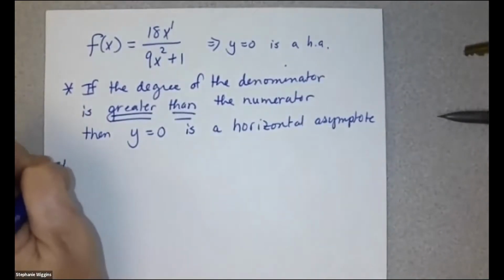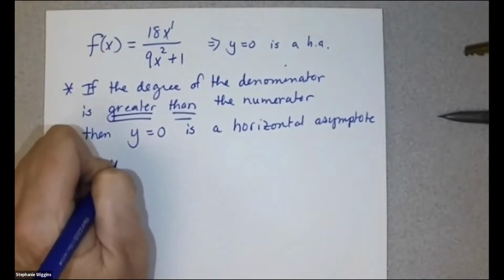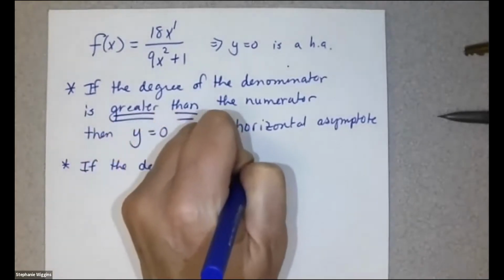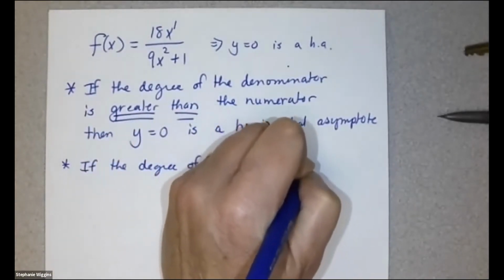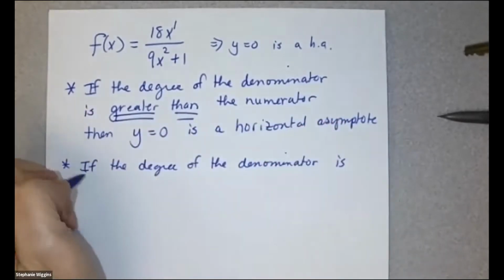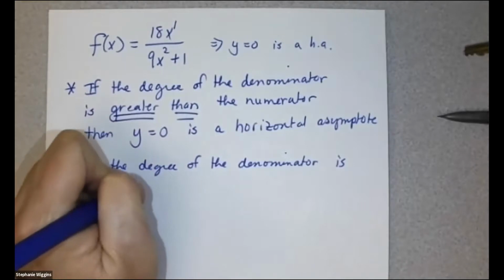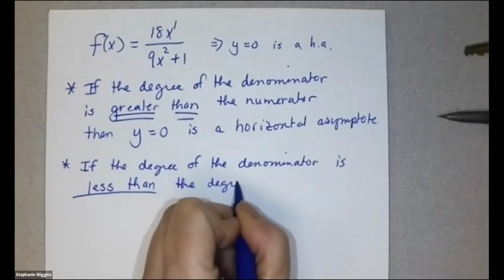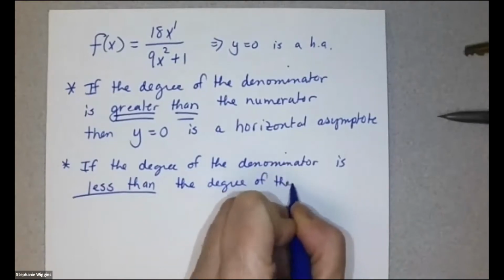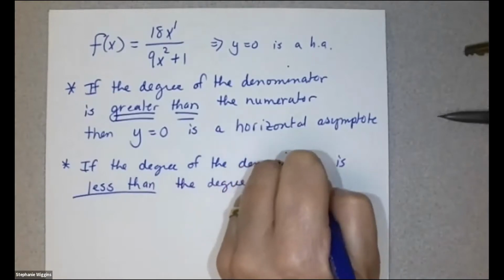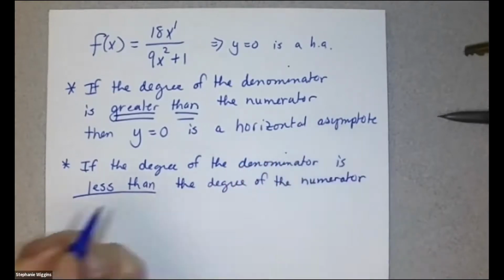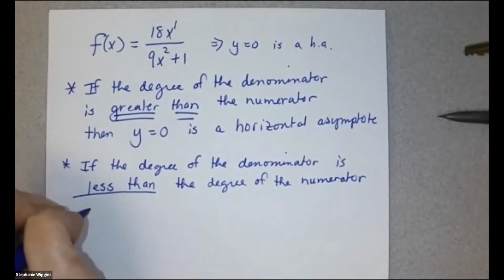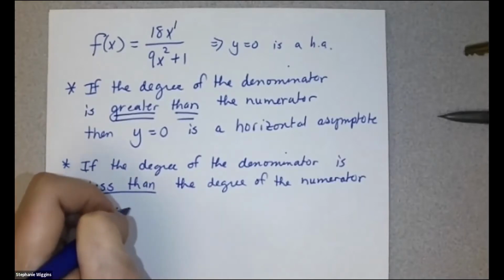Okay, now if the degree of the denominator is less than the degree of the numerator, there are no horizontal asymptotes.